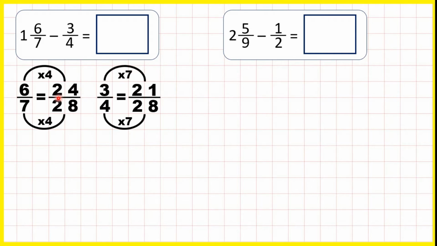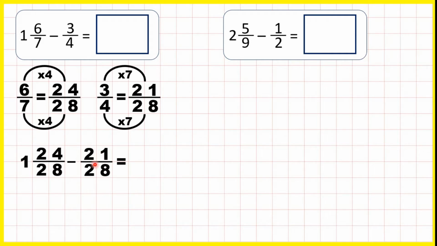So now we can rewrite our question. Instead of 1 and 6/7, we can write 1 and 24 over 28, and instead of subtracting 3 quarters, we can subtract 21 over 28.